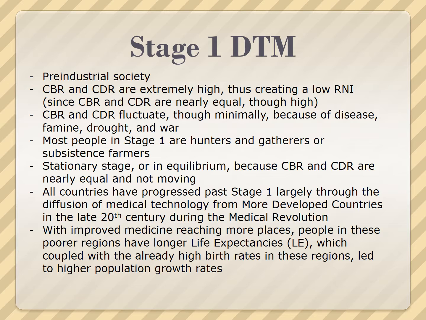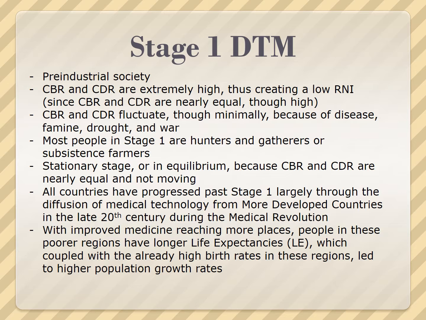CBR and CDR are extremely high, thus creating a low RNI, since CBR and CDR are nearly equal, though high. They fluctuate, though minimally, because of disease, famine, drought, and war. Most people in stage 1 are hunters and gatherers or subsistence farmers. It is a stationary stage, or in equilibrium, because CBR and CDR are nearly equal and not moving.